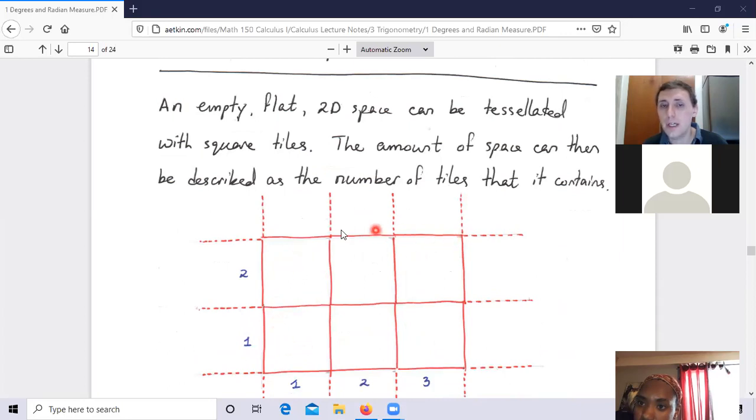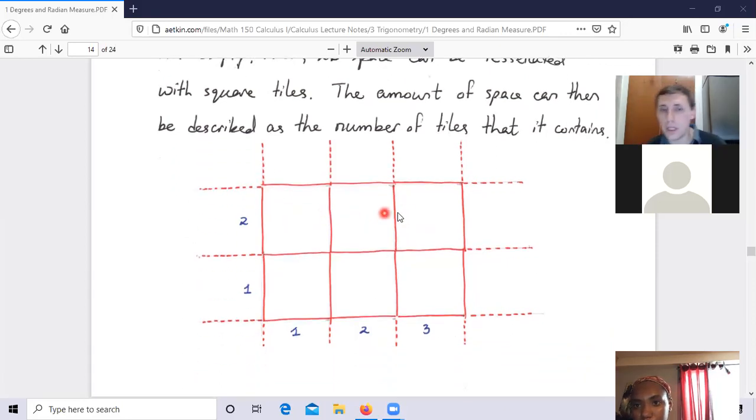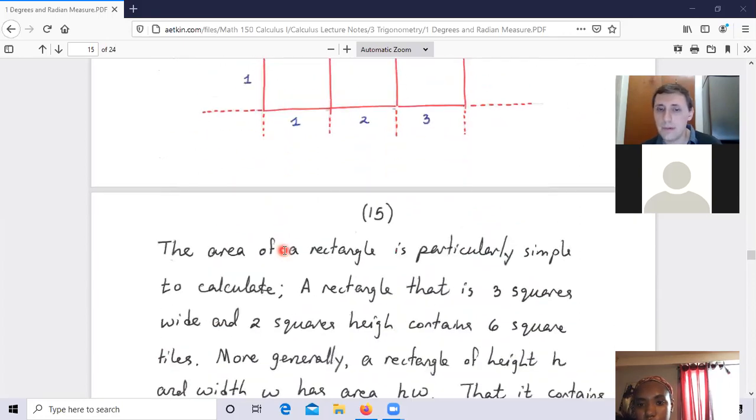For example, if I place 3 tiles along and 2 tiles across, I have altogether 6 tiles, right? So it's very easy to calculate areas of rectangles. It's width times height, because by multiplying width times height, you count how many unit squares fit into that rectangular shape. Make sense?